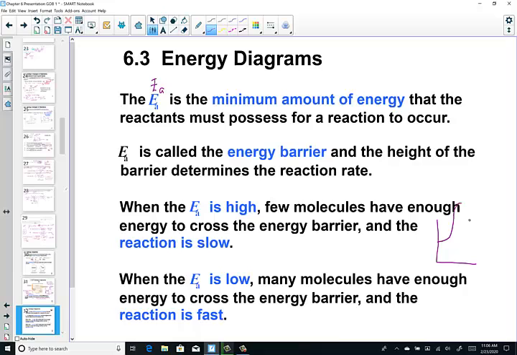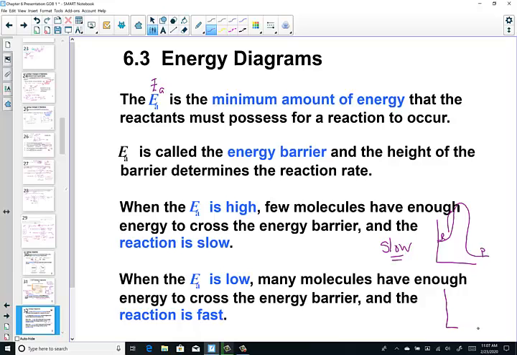If we have a very large activation energy, that energy barrier that separates reactants from products is quite large. This means that not very many starting reactants will possess enough energy to get up and over this energy barrier. The kinetics, the rate of the reaction, will be very slow.